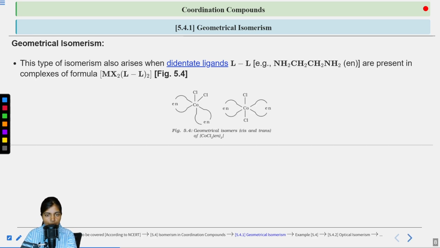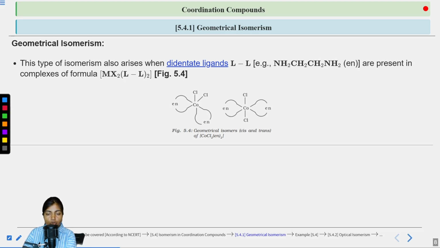We can see this in figure 5.4, where the geometrical isomers in the cis and trans form for the complex CoCl2(en)2 are given, where chlorine is a unidentate ligand, meanwhile en is a didentate ligand. How can we arrange that? Cobalt is the central metal, so it is present here in the center. Two chlorines are placed adjacent to each other, and two en molecules of didentate ligand are placed adjacent to each other, forming the cis form.